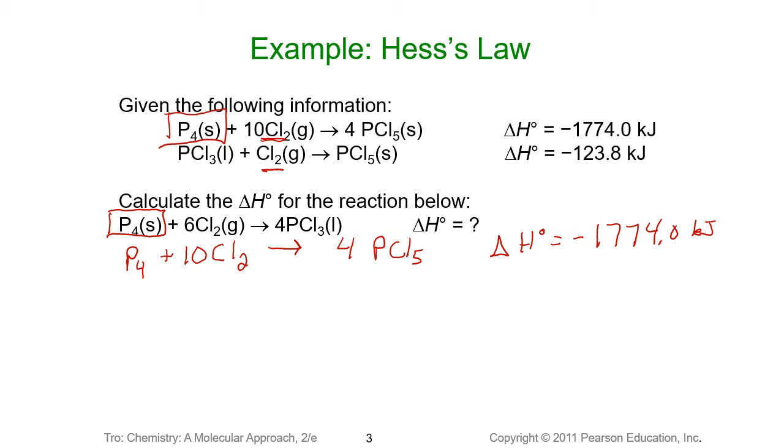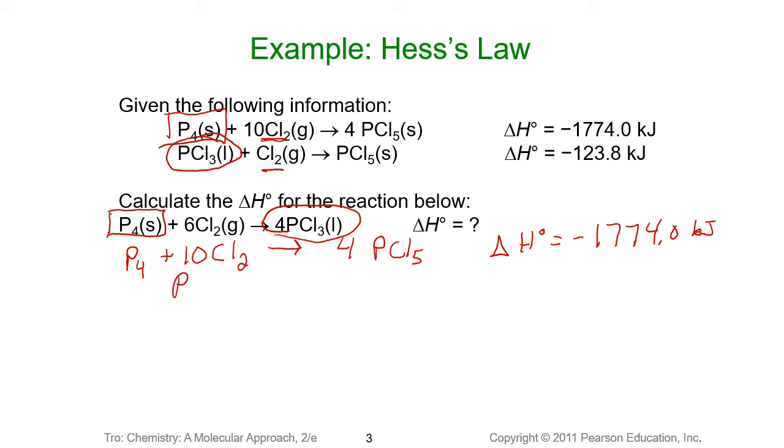But if we look, the PCl3 is only in the second reaction we're given and also in the reaction that we're trying to make. So I can see from the reaction we're trying to make, it is on the product side. The reaction we're given, it is on the reactant side. That means that we need to flip the chemical reaction.